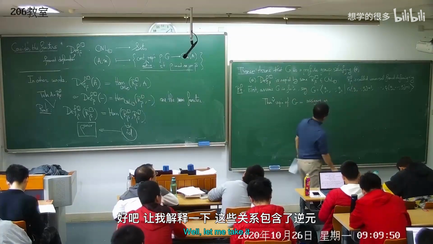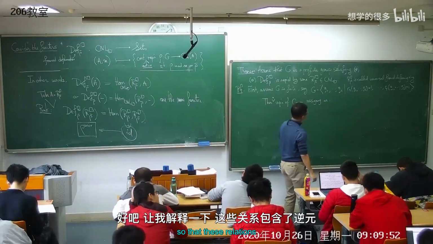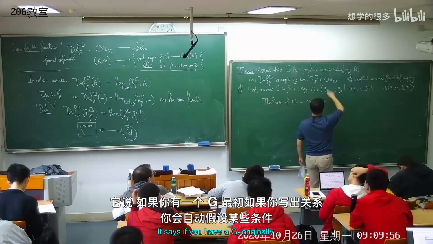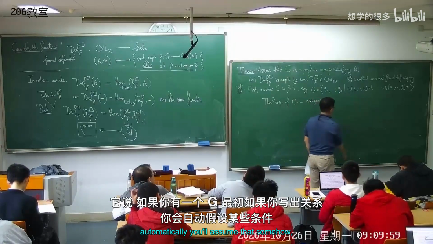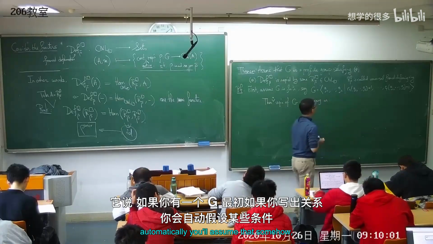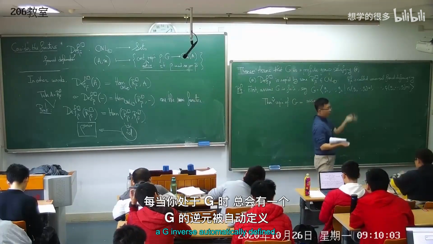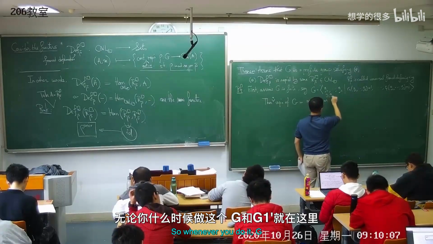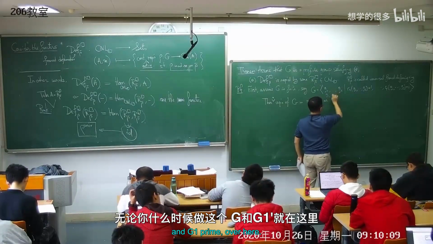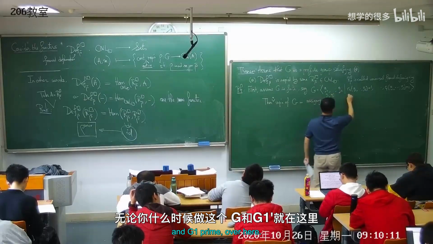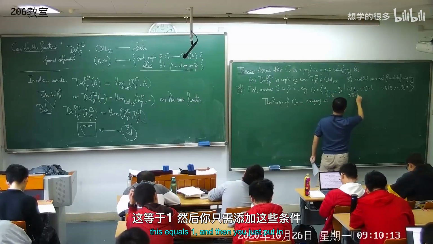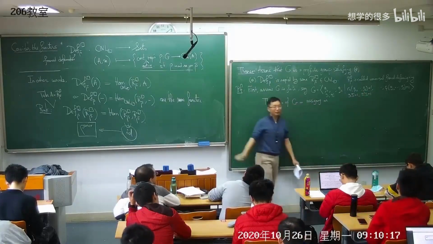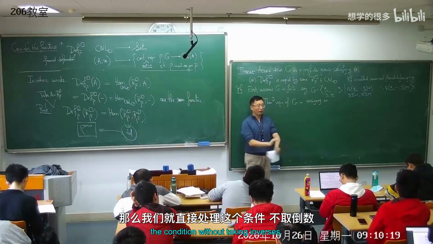Let me take it so that these relations contain the inverses, in the sense that whenever you write a generator g, there's a g inverse automatically defined. So let's not do that. Whenever you have it, let's double it. So whenever you have g and g prime, you take the condition g g prime equals 1, and then you just put in these conditions. So let's do the condition without taking the inverses.